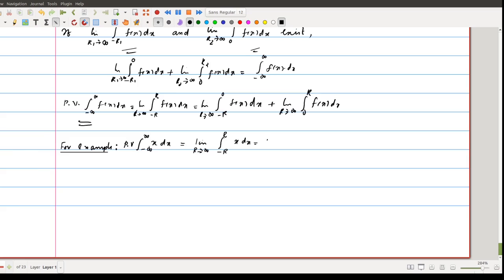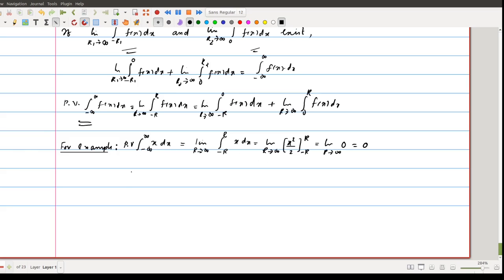That is nothing but the limit as r tends to infinity of x squared by 2 from minus r to r, and this is nothing but the limit as r tends to infinity of 0, which equals 0, because when you put in the upper limit first and then subtract the quantity obtained by substituting the lower limit, you will get 0. So the principal value of this improper integral is 0.